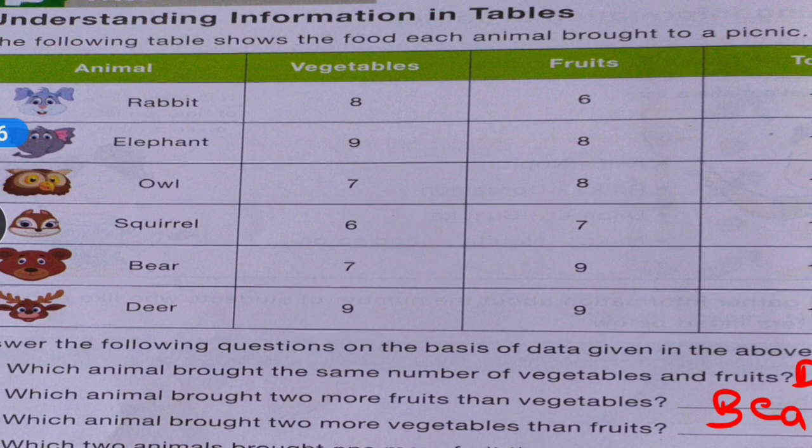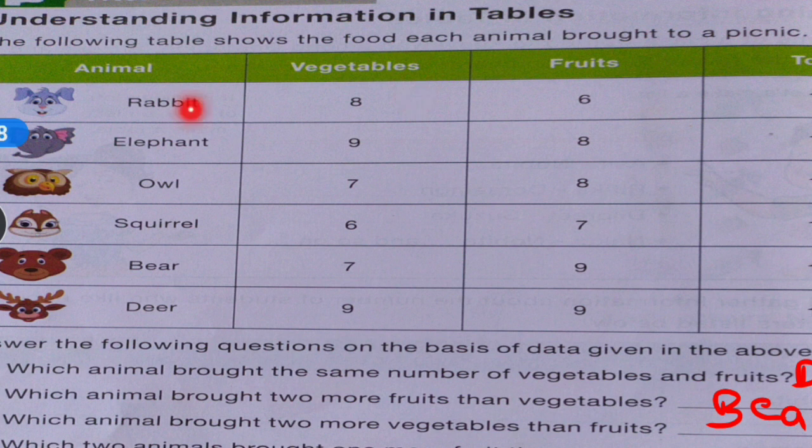Now, see children, you have to look at the vegetable column. The vegetable number should be 2 more than the fruit number.